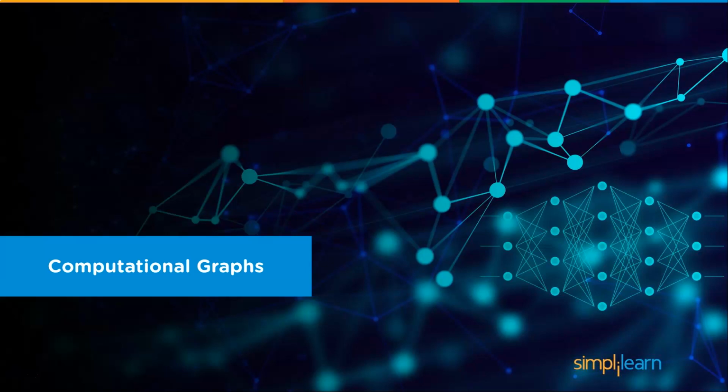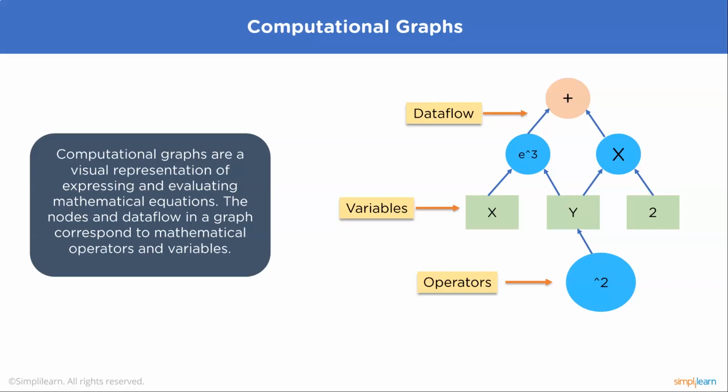Computational graphs. Computational graphs are really the heart and soul of neural networks. They are a visual representation of expressing and evaluating mathematical equations. The nodes and data flow in a graph correspond to mathematical operations and variables. Some of the terms you might hear are node and edge, the edge being the data flow in this case.